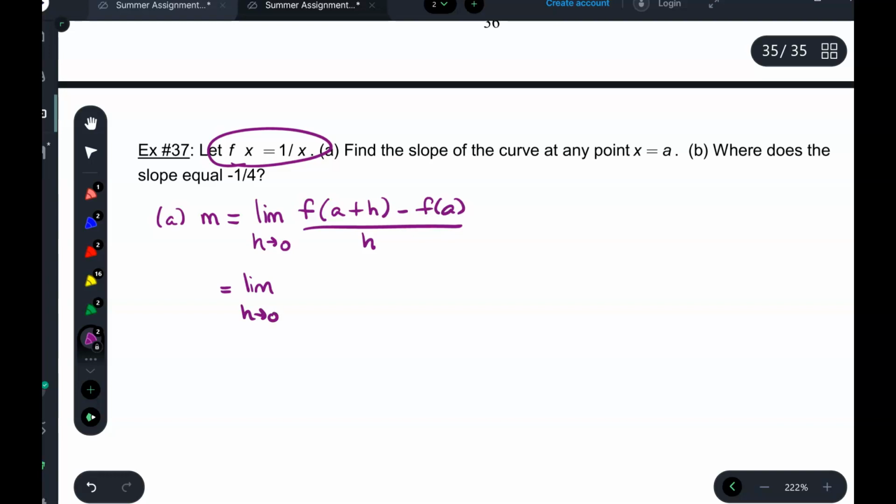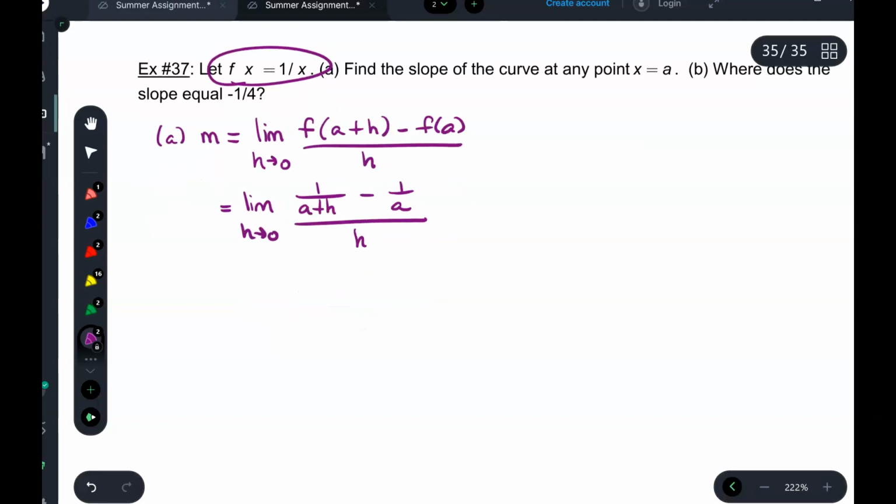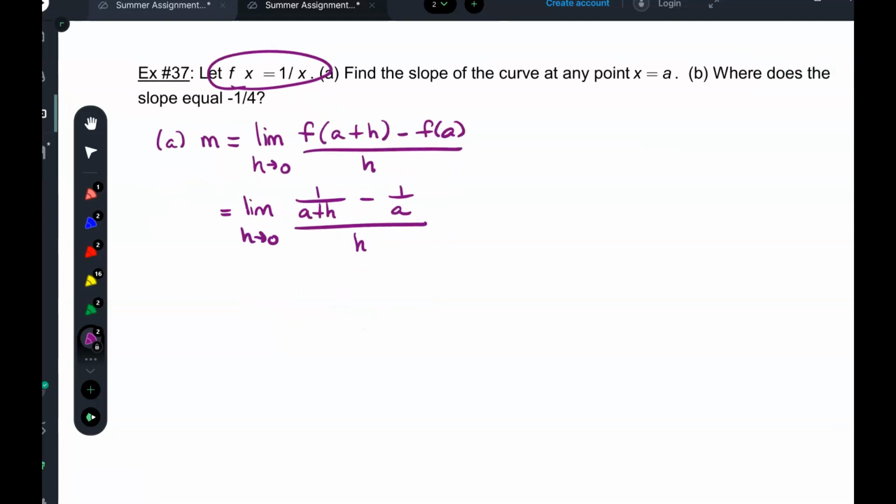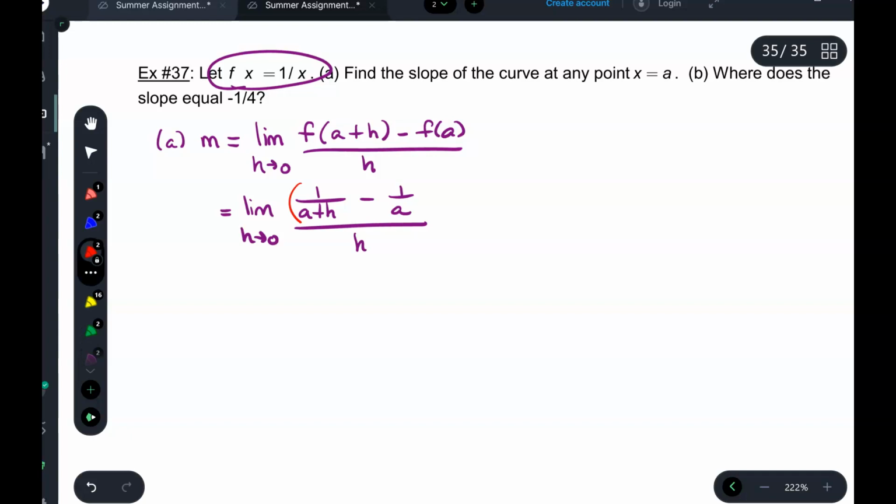So for f of a plus h, we're going to have 1 over a plus h minus 1 over a all over h. From here, let's find a common denominator with the numerator portion. So we'll multiply this by a over a, and we'll multiply this by a plus h over a plus h.